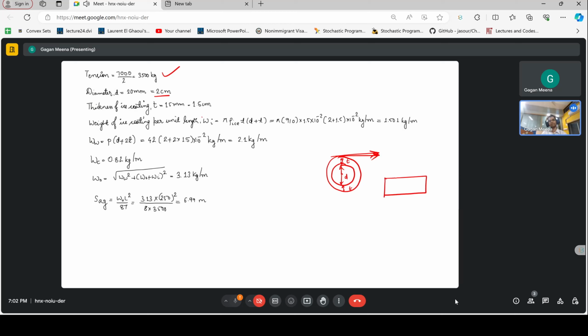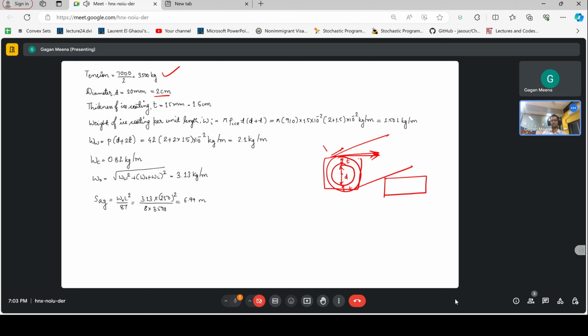This area is length into breadth. Length is 1 meter and breadth is d plus 2t.